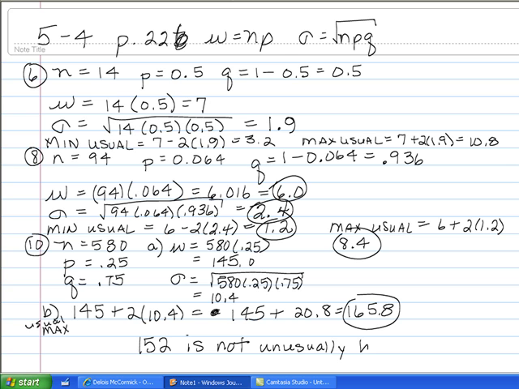Okay, let's move on to number 16. This is on page 227. We're talking about deciphering messages. The Central Intelligence Agency has specialists who analyze the frequencies of letters of the alphabet in an attempt to decipher intercepted messages that are sent as ciphered text.